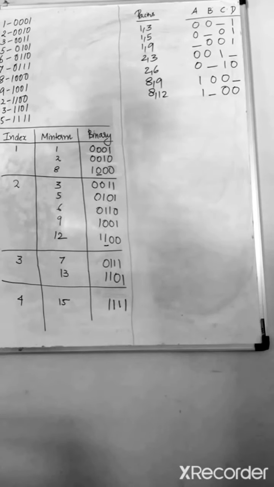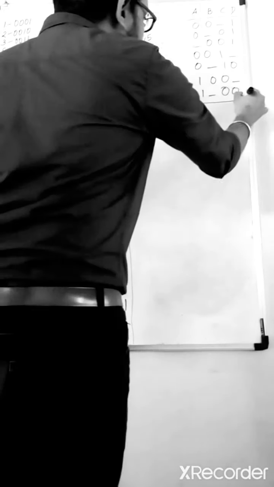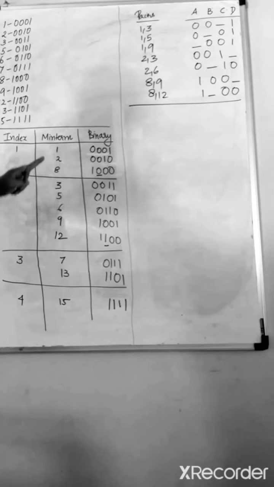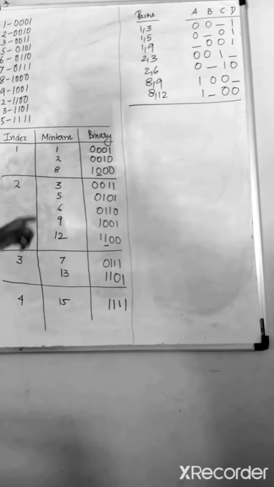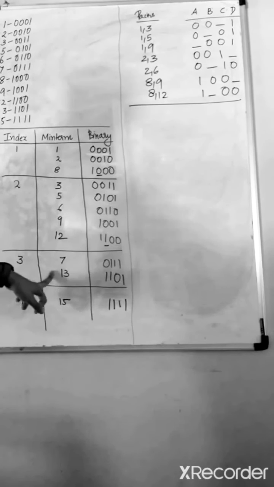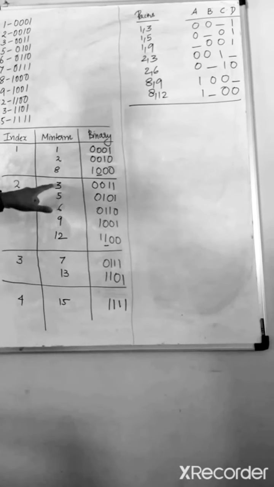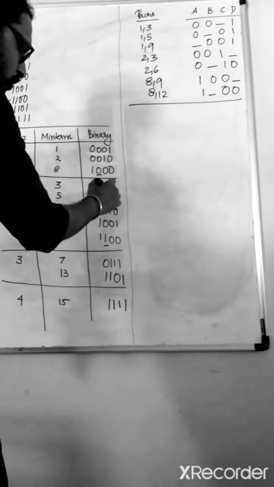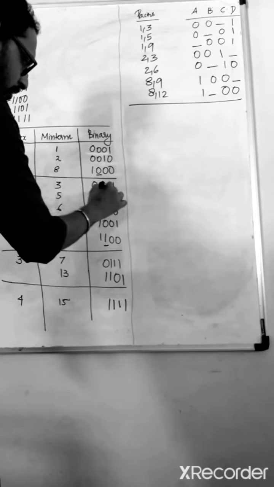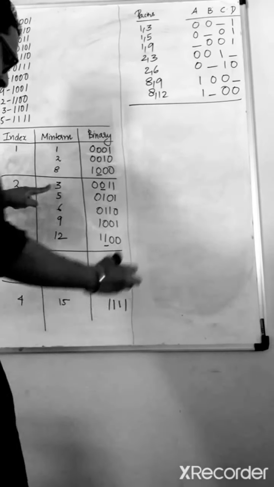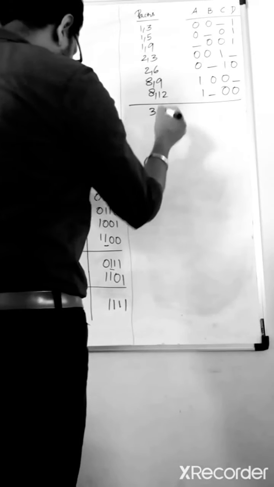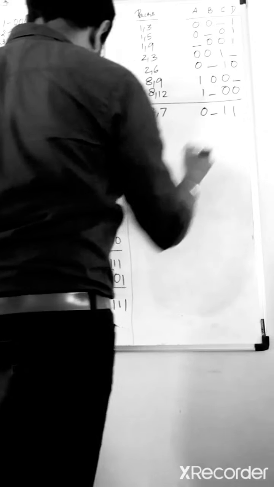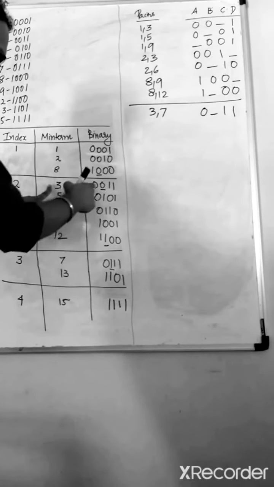Every set is over and this is what happened when we compare this with this case. Next operation is comparing this one with this one. So start with 3. 3 is compared with 7. 0 0 1 1 and 0 1 1 1. Second bit. We write it as 3, 7 and we write 0 dash 1 1. 3 is compared with 13.